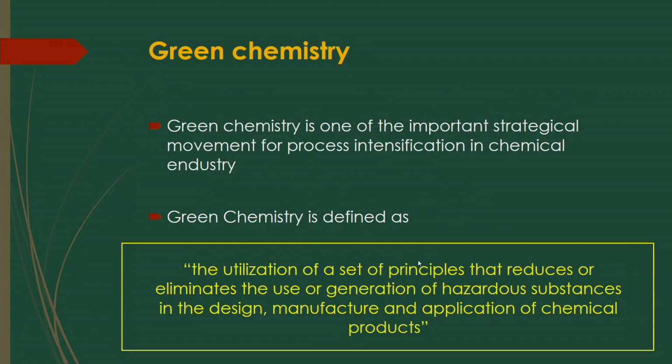In this regard, we have to talk about green chemistry, which is one of the important strategic movements for process intensification in chemical engineering or the chemical industry, where whatever chemical processes are being carried out should be done in a green way.